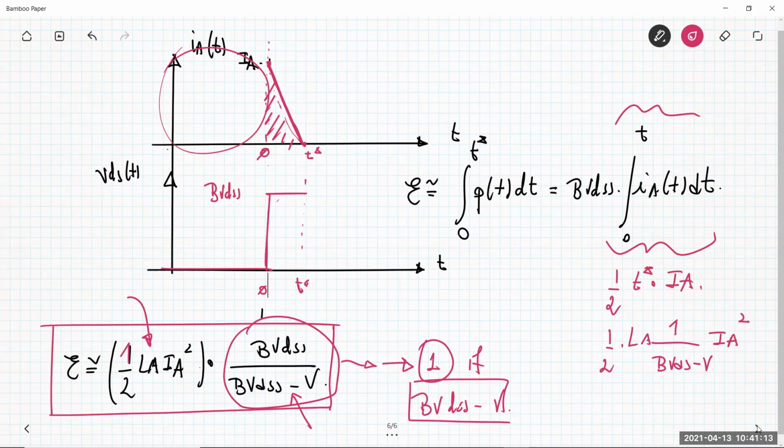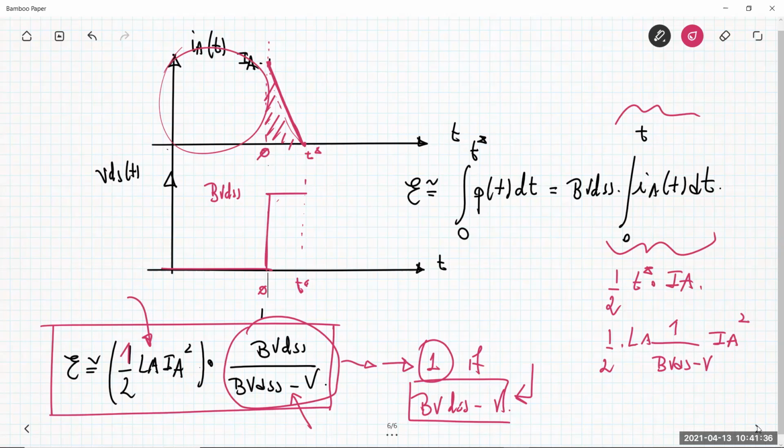The minimum energy is reached when you choose a MOSFET with a breakdown voltage much larger than V, the supply voltage. This can be compliant with the requirements of the manufacturers' data sheet.